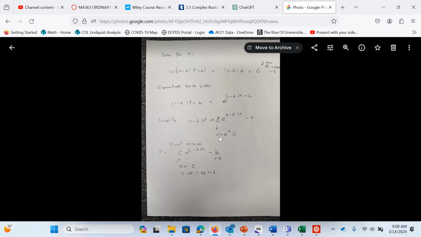And then this is really a new c. I redefined c by absorbing the constant. Up here, I multiplied my old c by r minus delta. That's a new c. So you're absorbing constants as you go along, so it's not the same c. And then over here in the final version, after I divide through by r minus delta, I get this p over here. So it's again a new c. It's the old c divided by r minus delta. So this is what I get as my final answer.